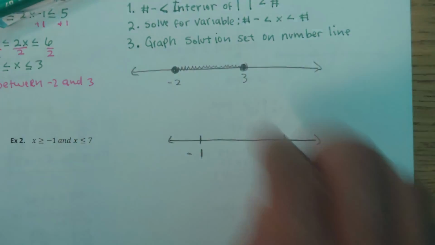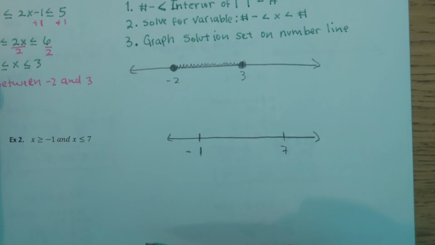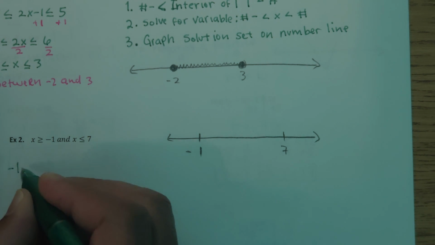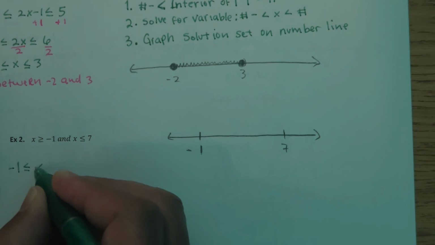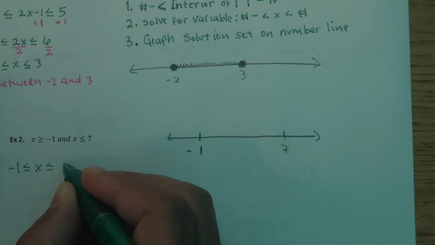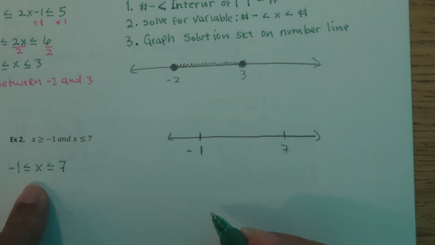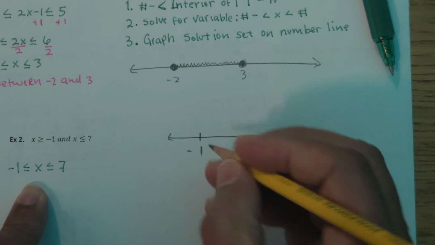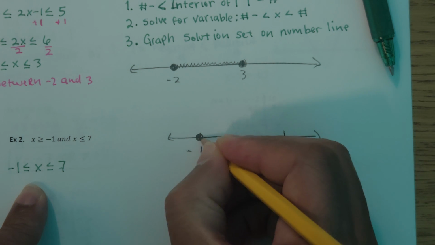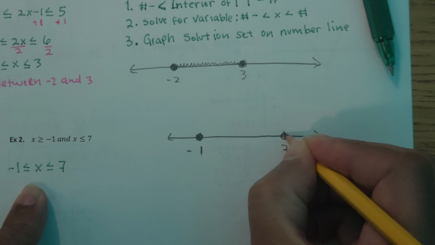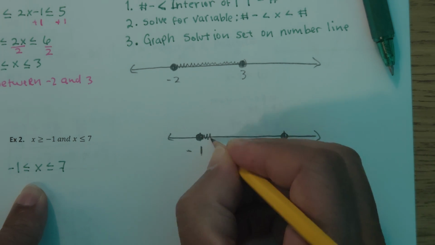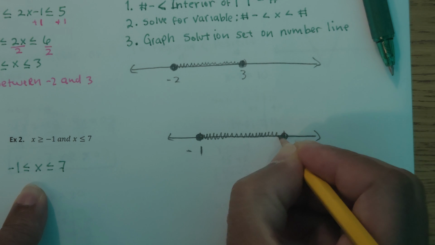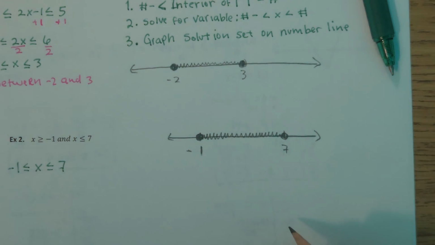I'm going to write this as this inequality, same thing. I have -1 on the left, less than or equal to the x values, which is less than or equal to 7. This means I have a closed circle at -1, a closed circle at 7, and then I'm going to connect the two points, which means I can use any value of x in between these two points.